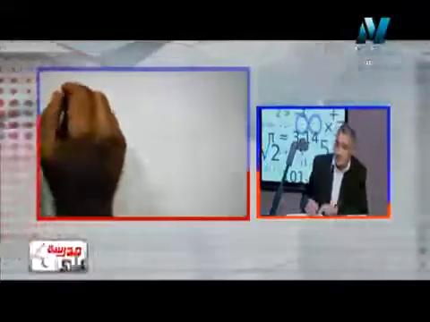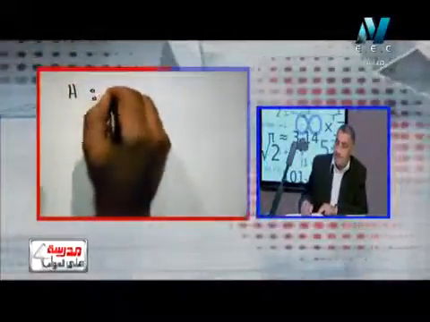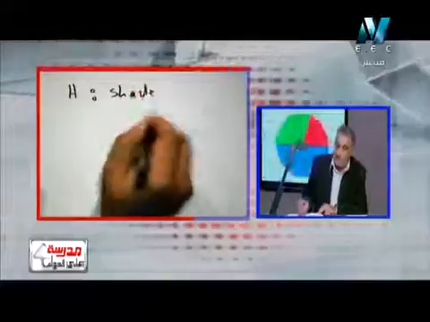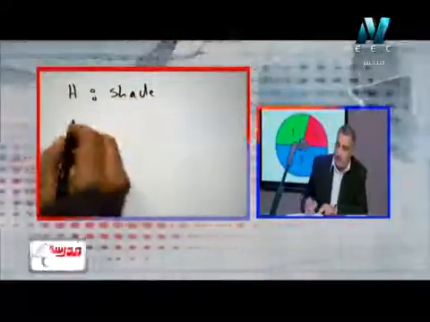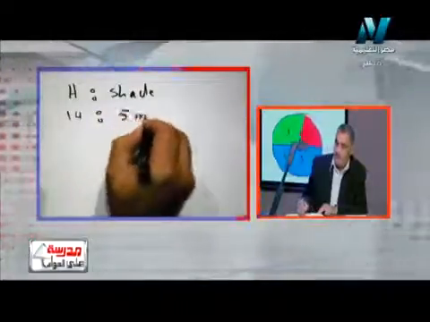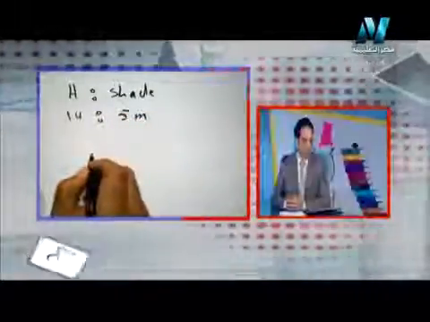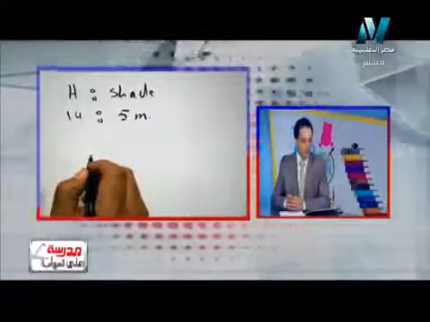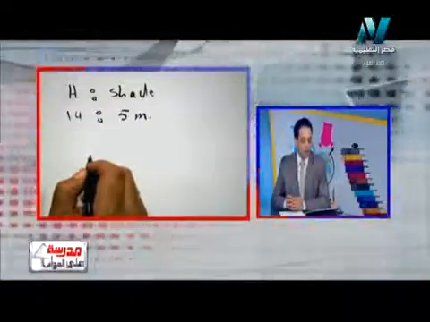What is the height of a tree at the same moment if its shade length is 3 meters?